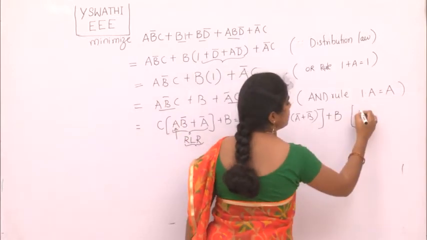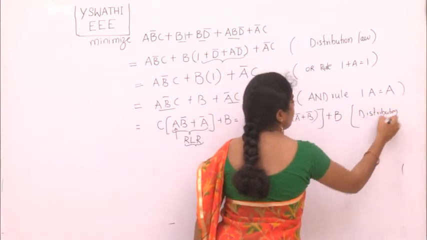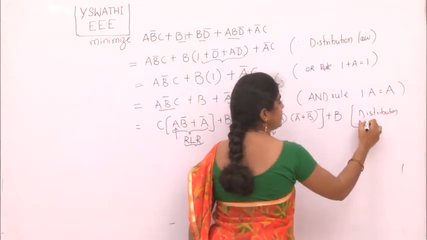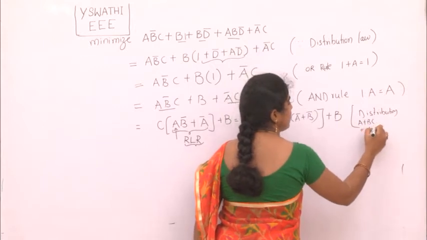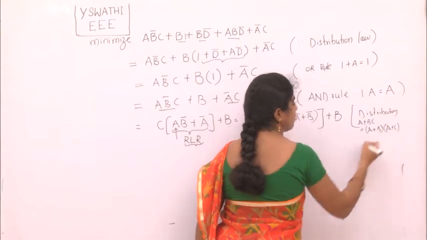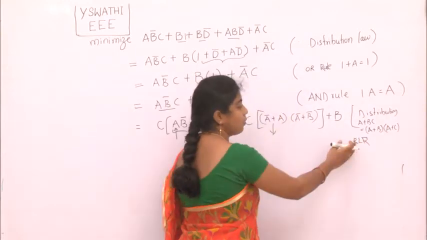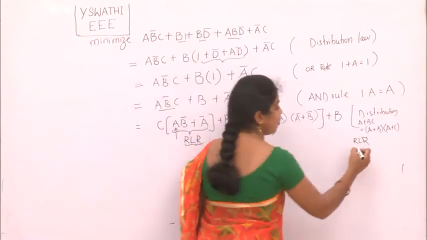By using the distribution law, what does it state? A plus BC, you can write as A plus B and A plus C. Otherwise, from RLR you can directly drop the redundant literal. What is it?